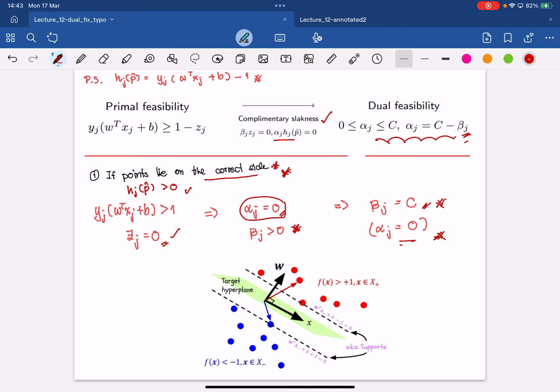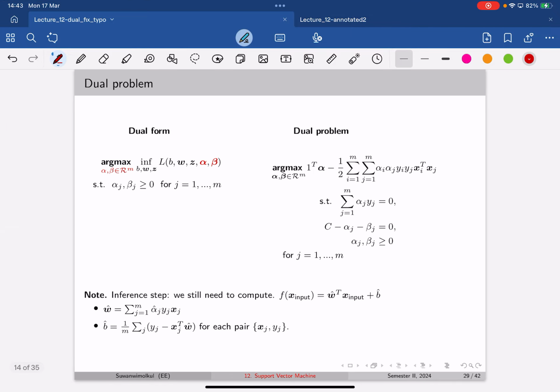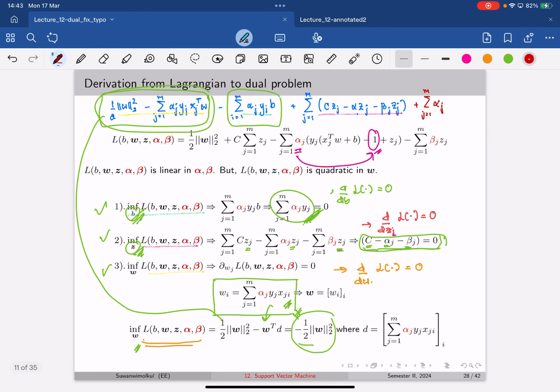And when alpha j equals 0, what it means is that when you compute the normal vector W with this formula, if alpha j equals 0, you can skip so many terms, right? You don't need to go over every j term, and j here denotes the indexes for your training samples.